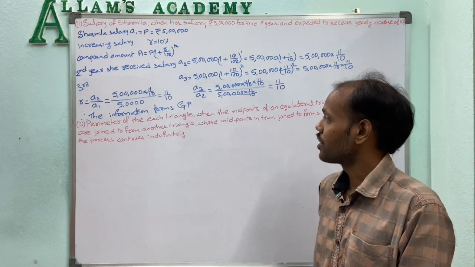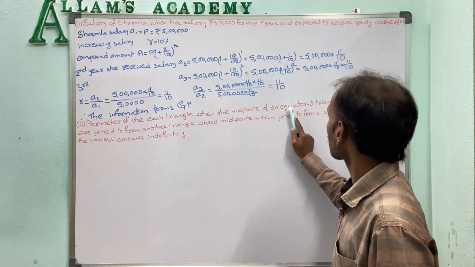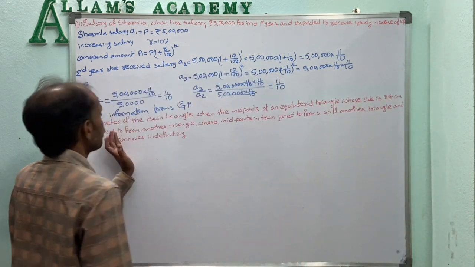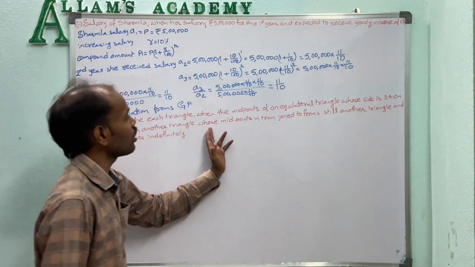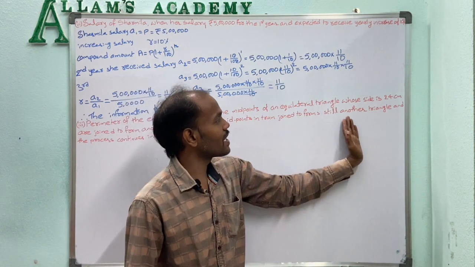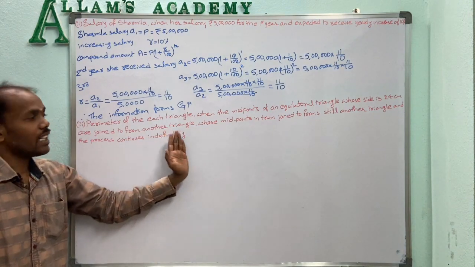Here the given information is: the perimeter of each triangle, when the midpoints of an equilateral triangle whose side is 24 are joined to form another triangle, whose midpoints in turn are joined to form still another triangle, and the process continues indefinitely.